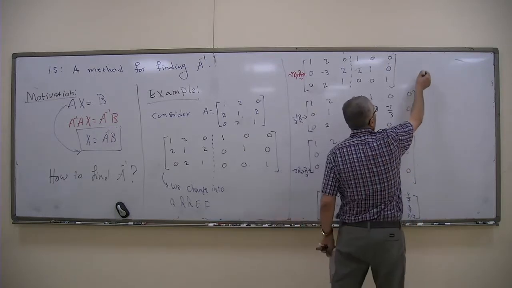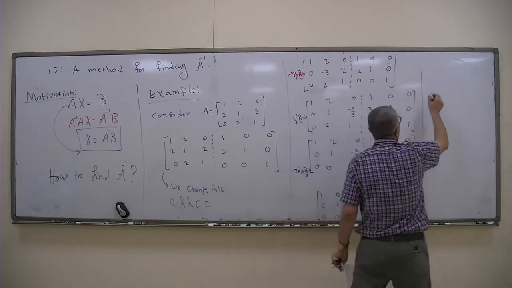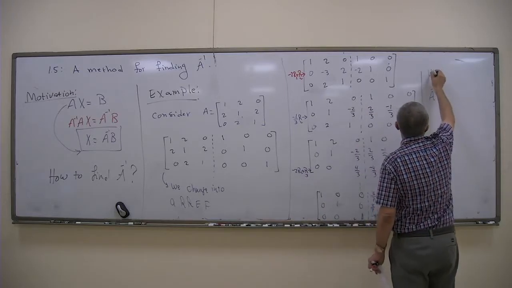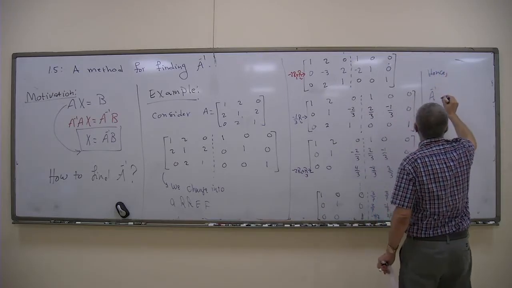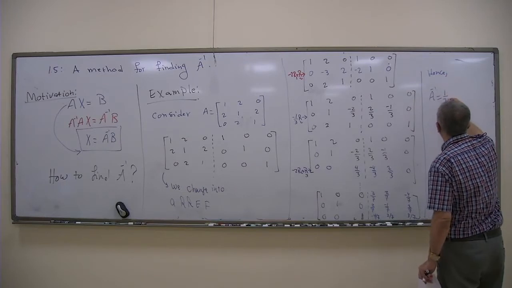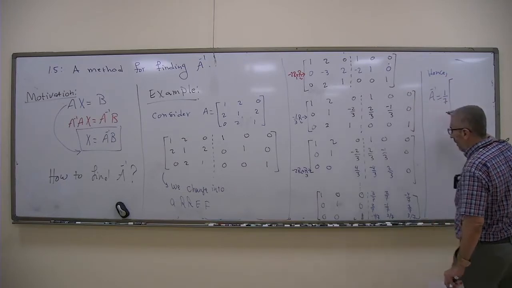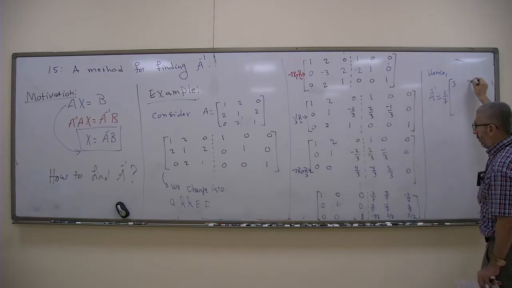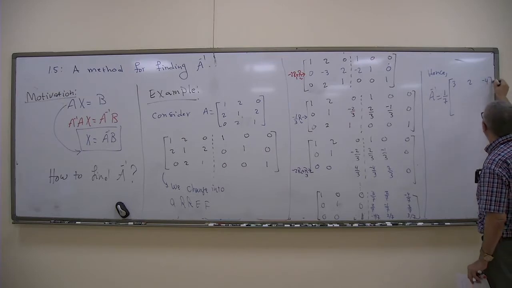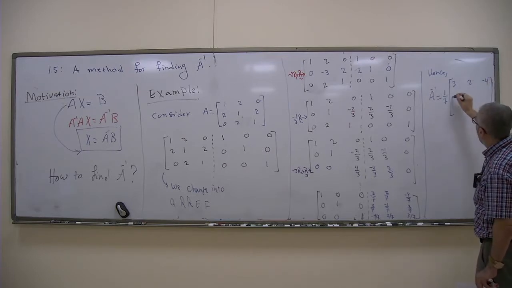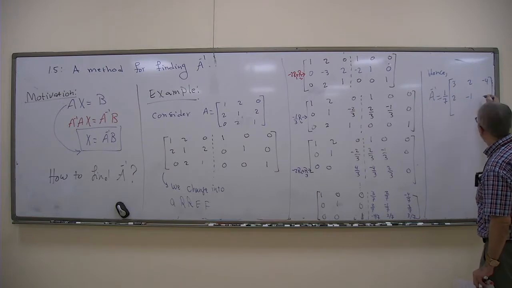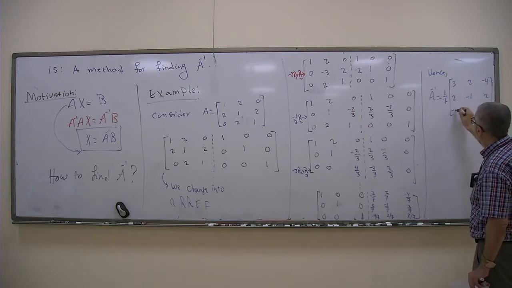And in this case, we say A inverse, hence A inverse equals 1/7. I can take this constant out, and here 3, 2, negative 4, 2, negative 1, 2, negative 4, 2, 3.